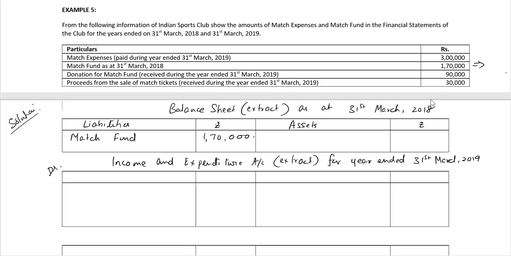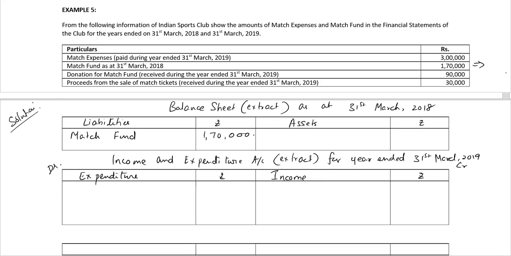Left side debit side and right side credit side. On the debit side we have expenditure and rupees, and on the credit side we have income and rupees.